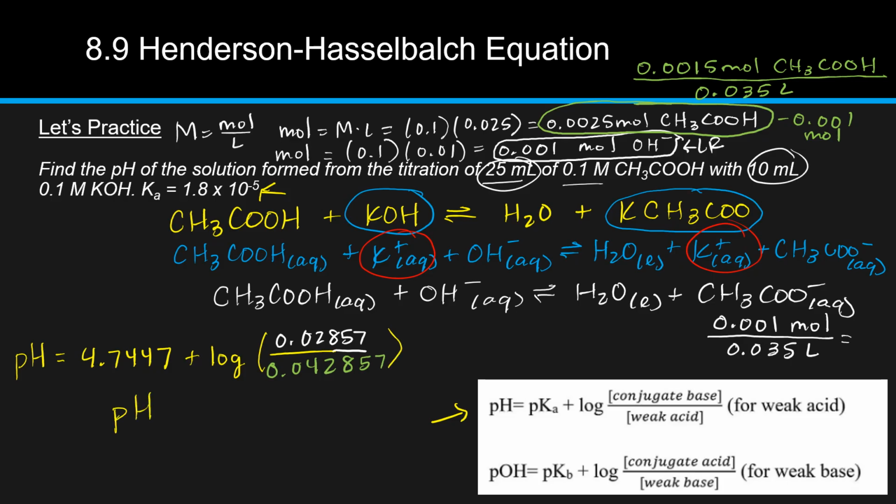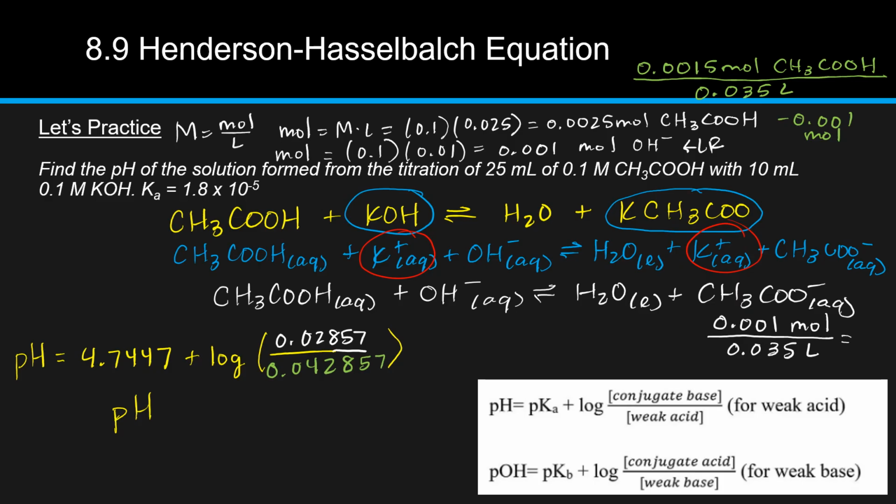So now that we have those two values, we can plug them into the Henderson-Hasselbalch equation and solve for pH. And before we write down that answer, I do want you to think about what we learned about in 8.7. At the half equivalence point, our pH should be 4.74, which means at a pH of 4.74, we have equal amounts of acetic acid and acetate.